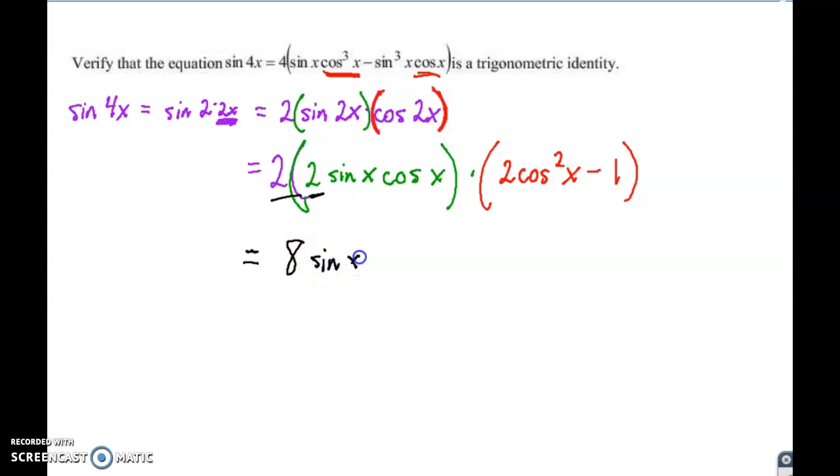There's sine of x, but then there's cosine cubed of x minus, let's see, 4 sine of x cosine of x. Oh man, I'm really close to this. Except it looks like they factored out a 4, and this becomes sine cubed of x times cosine of x.